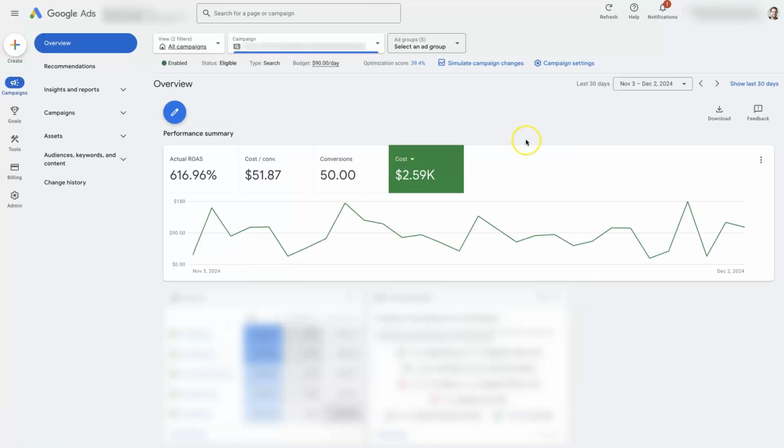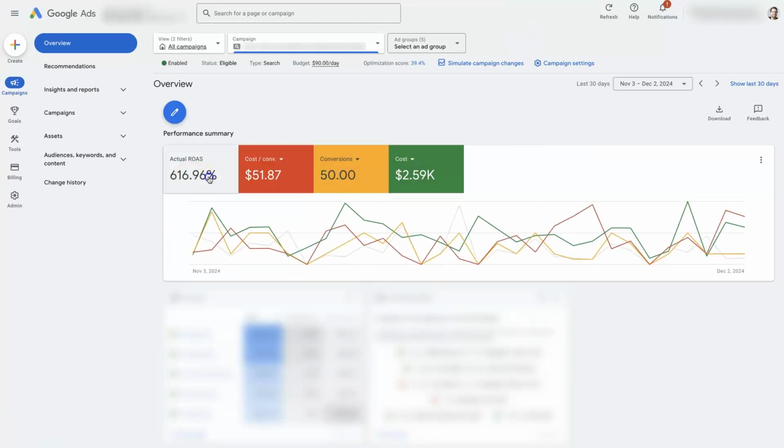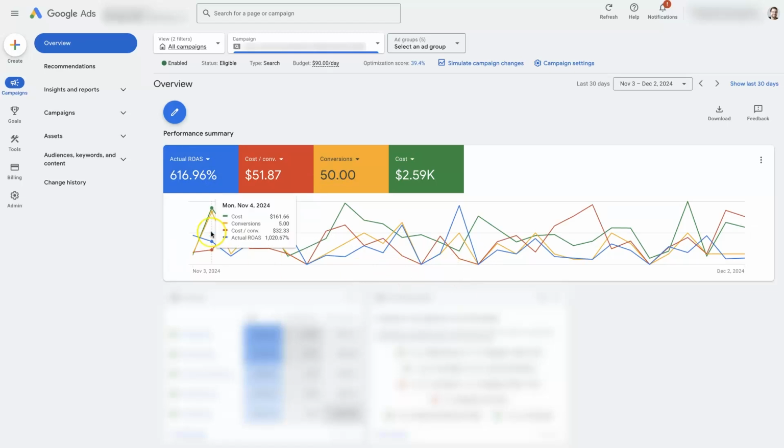And like we were talking about before, Google's trying to determine which days to show your ads on such that you're going to get the best performance, and that's going to fluctuate. So on this day, we got 5 conversions at a $32 cost per conversion. Our average for the last month is $50, so that was actually a pretty good move.